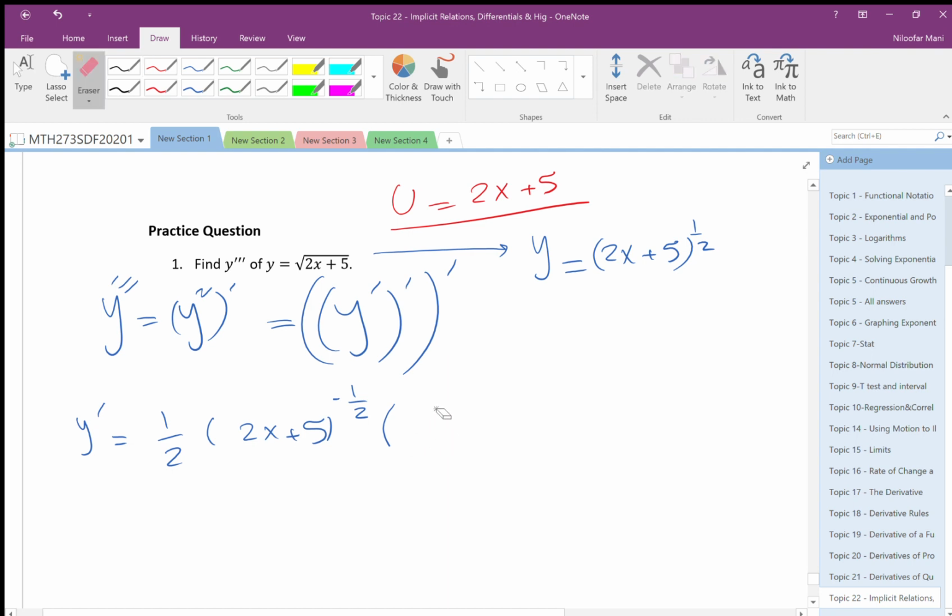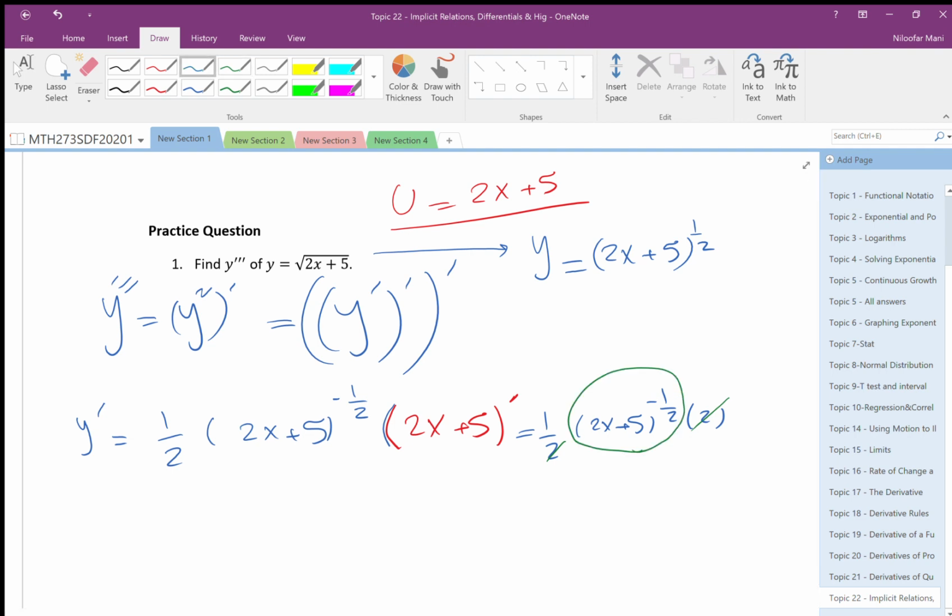Maybe I do it step by step: (2x plus 5) prime. Then it is 1 over 2 times (2x plus 5) to this power, times 2. I cancel 2 and 2, and I keep it like this because I have to continue to do derivatives again, so I don't move it to the denominator, because then it's hard.